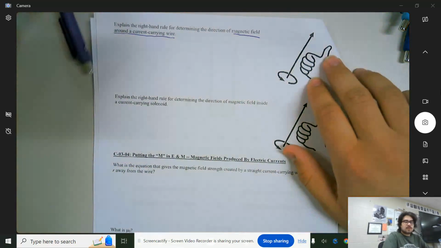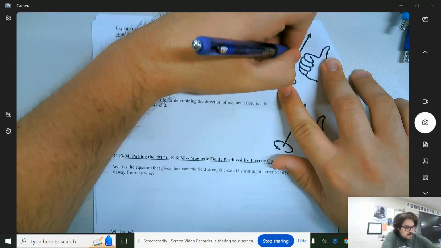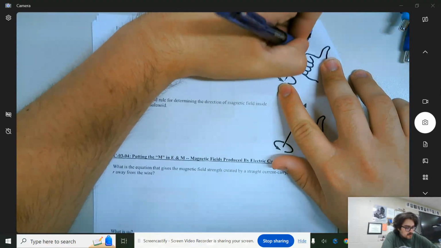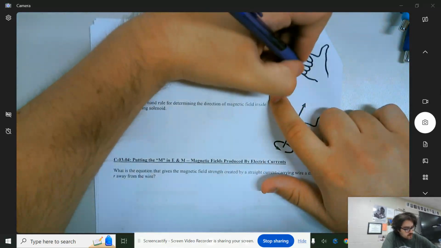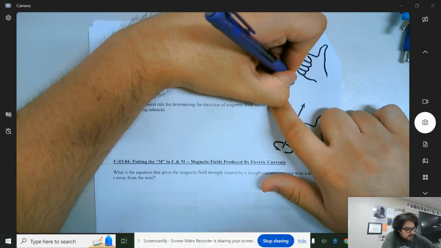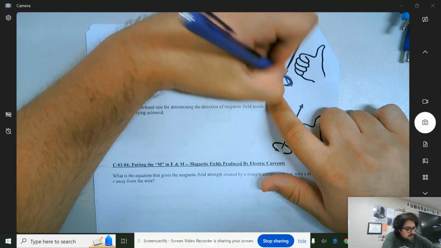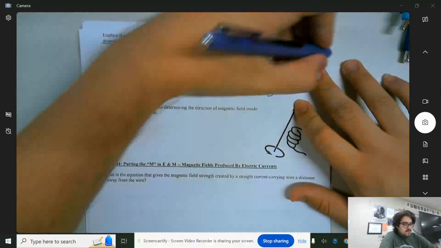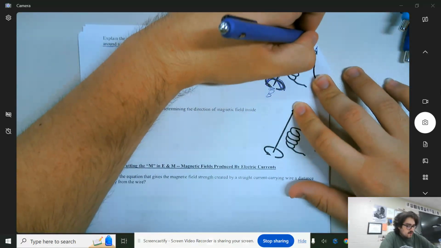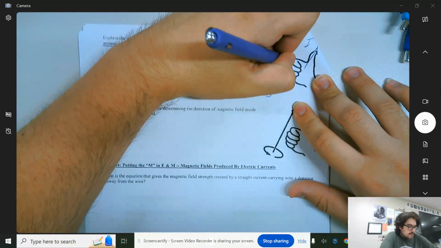So in this example, this big arrow coming up here is your current, and this circle right here, I'm drawing it really poorly, is your B field. Your thumb points in the direction of the current, and your fingers point in the direction of the B field.